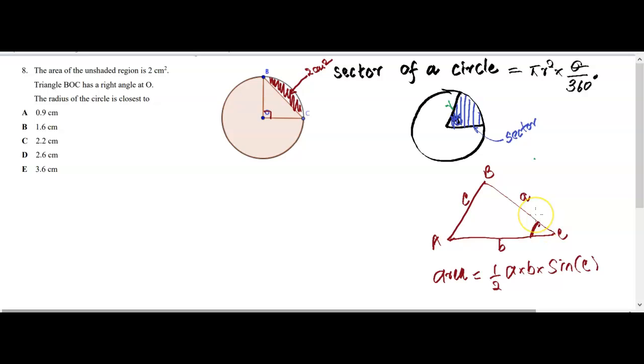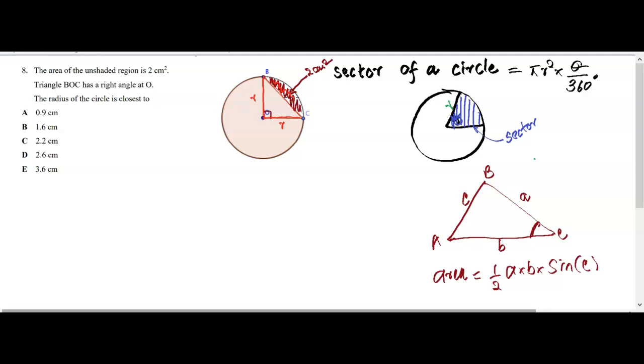This bit is a triangle, right? Imagine this radius r is not given. Some information is given, and we need to figure out the radius. You know how to find the sector of a circle, and now we'll see how we find this area, this bit.